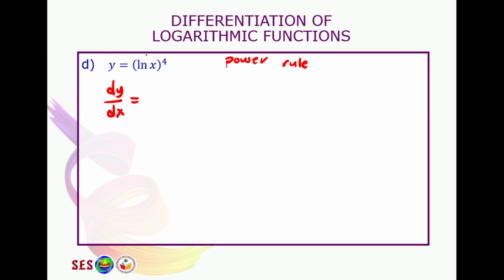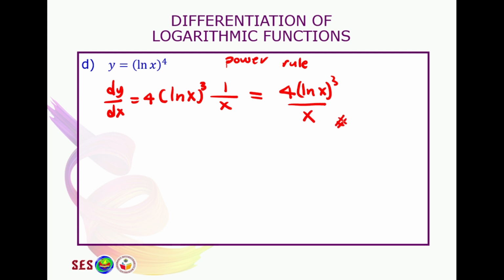Bring the 4 here, so we get 4 ln x, and 4 minus 1 gives 3. Differentiate ln x, we get 1 over x, and differentiate x, we get 1. So the answer that we get is 4 ln x to the power of 3 over x.